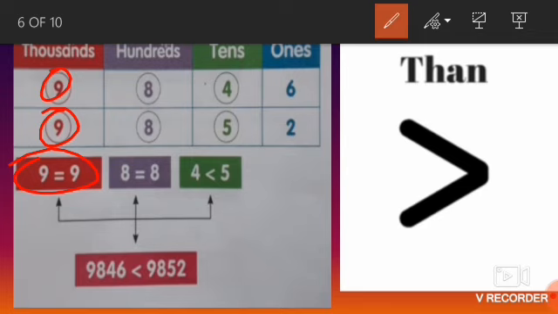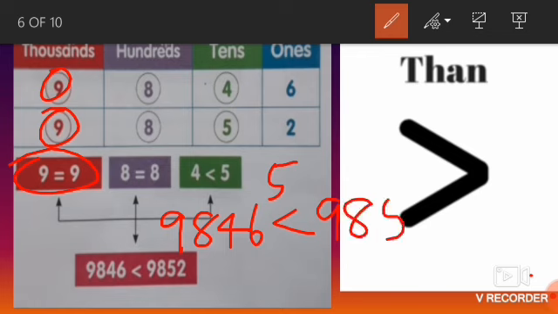Between these two digits, which is the biggest digit? Yes, 5 is the biggest one. By this we can conclude that 9,852 is the greater number. So we write it as 9,846 is less than 9,852. So it means that 9,852 is the greater number.